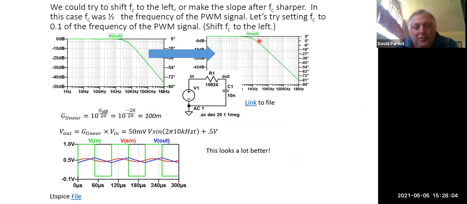Now what we can do is just move our filter around and have a different filter, right? So how do we get rid of those harmonics?